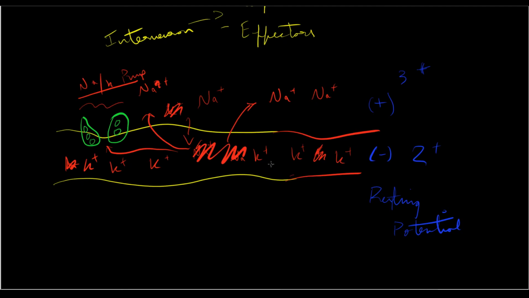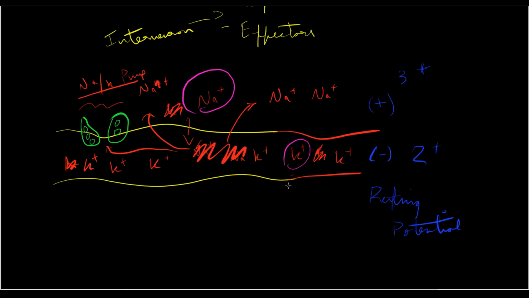You're going to have your axon right there, in an area where you have sodium ions and potassium ions. The sodium ions are going to be pumped out of the axon, and the potassium ions are going to be pumped in.